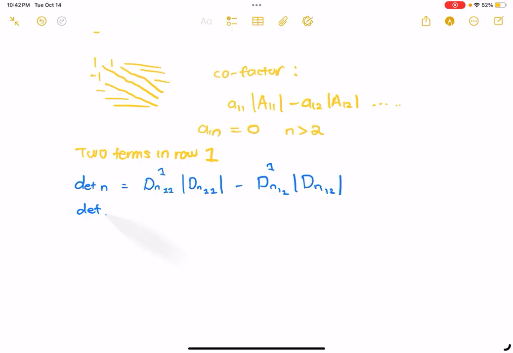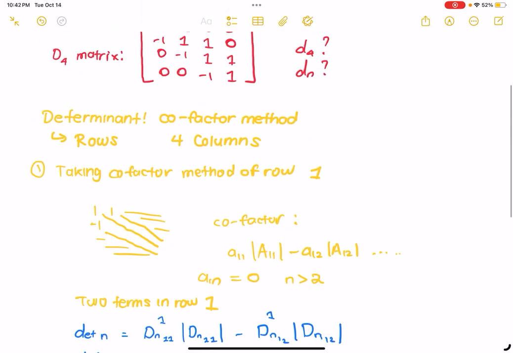So we're basically getting that the determinant of Dn is just Dn(1,1) minus Dn(1,2), the determinants of the minors obtained by removing that row and column.